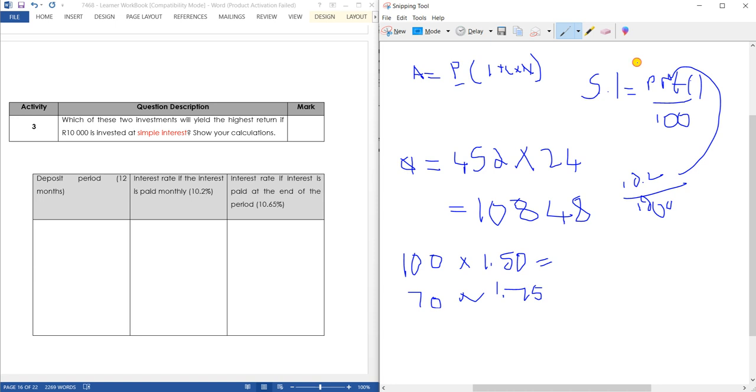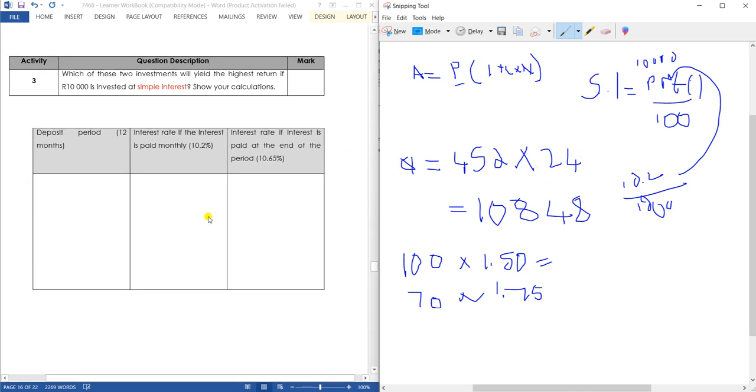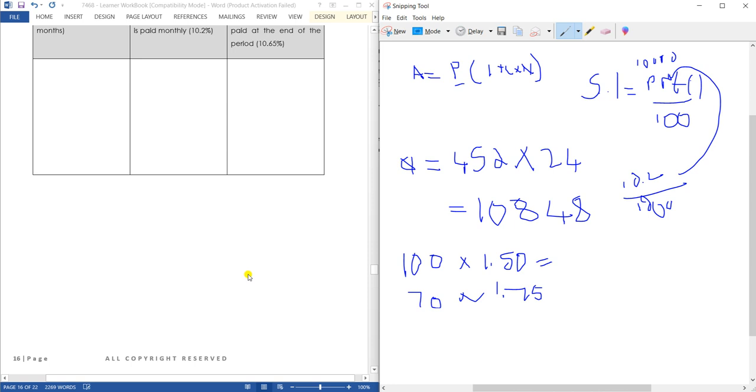We've got the initial amount, which is 10,000, and you'll have to show how you managed to get your answer by showing all your steps. Also, with a different interest rate of 10.65, you'll use the same approach. So that's how you go about answering number 3. You answer based on these two columns given the period of 12 months. That's more like an annual.